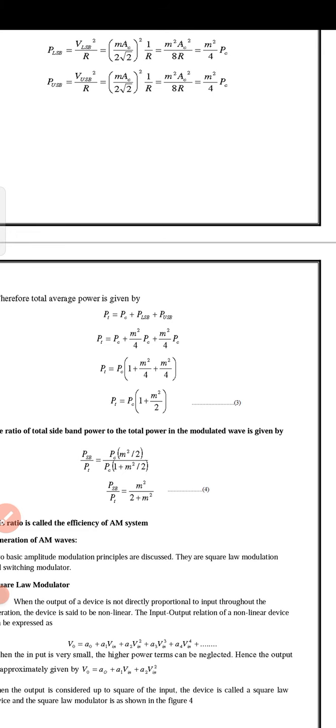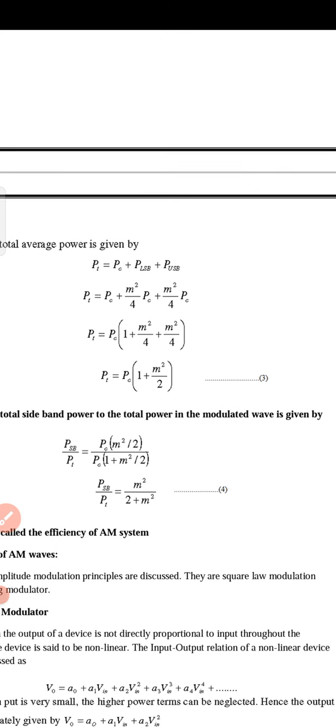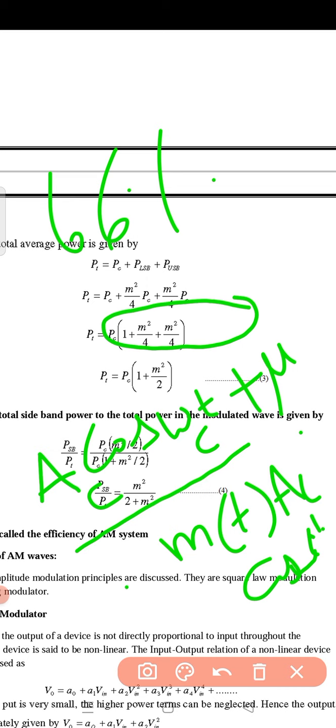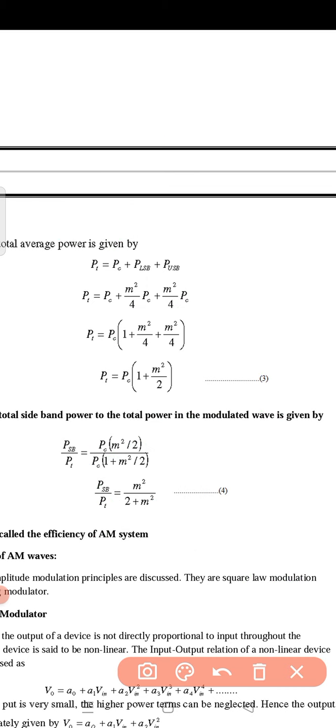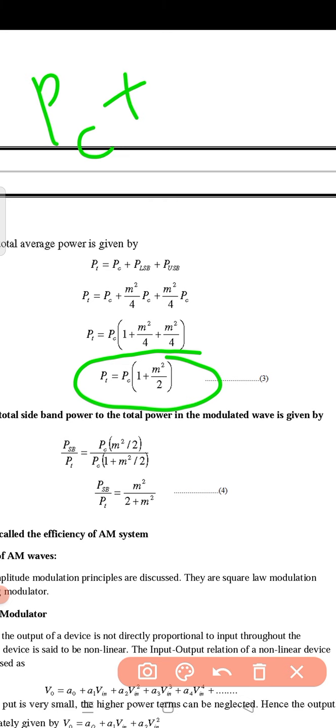Here we observe the final total power equation: PC into 1 plus mu square by 2. It means PC plus PC mu square by 2.